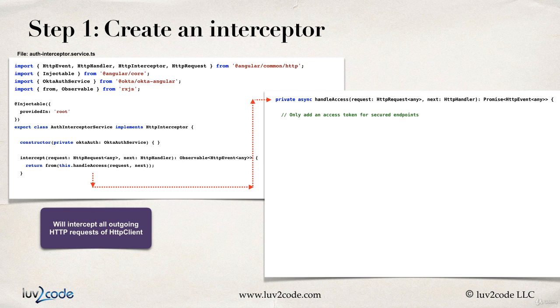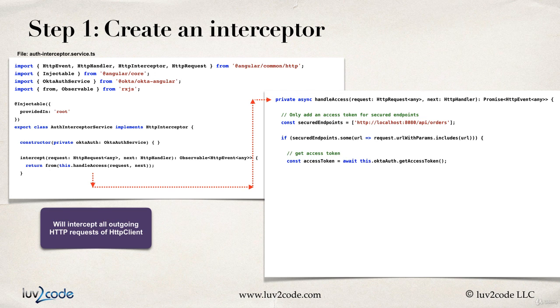We only want to add an access token for our secured endpoints. So here I'll just set up this very basic array of our secured endpoints, /api/orders. Then I check to see if the secured endpoint is in the current URL that the user is making a call for. If so, then I'll get the access token. So I'll use this.oktaAuth.getAccessToken.